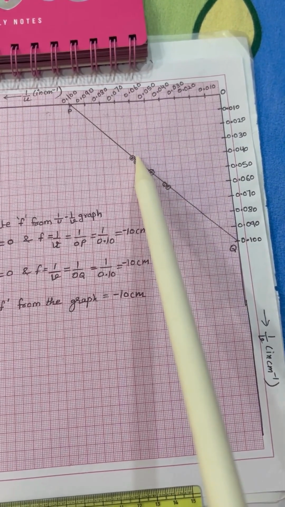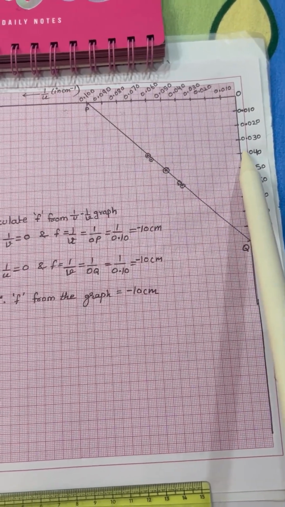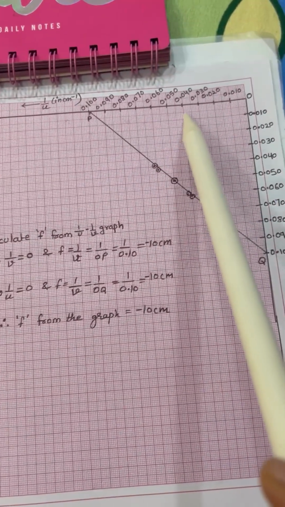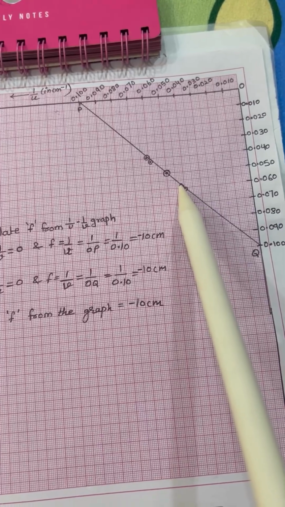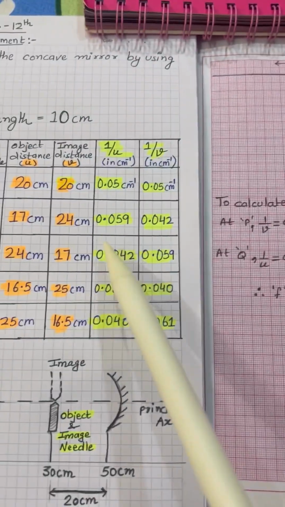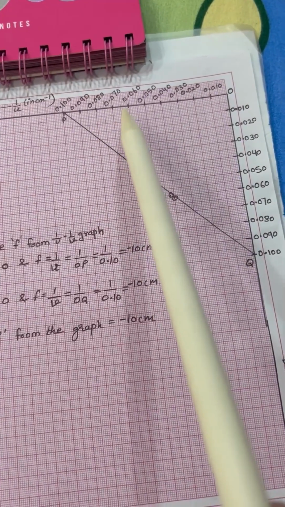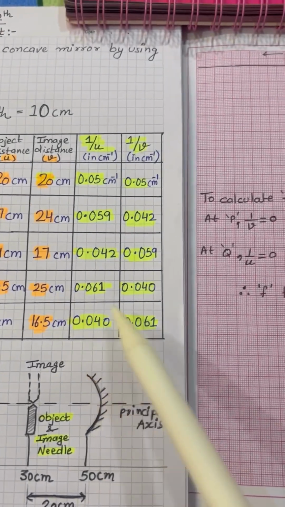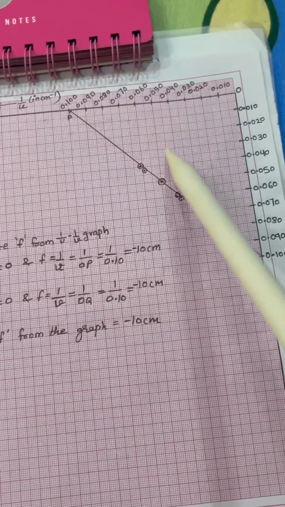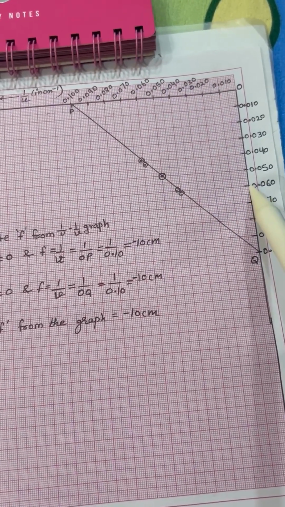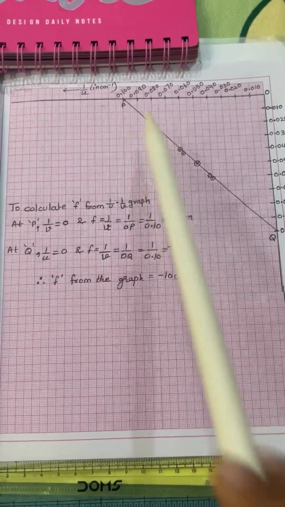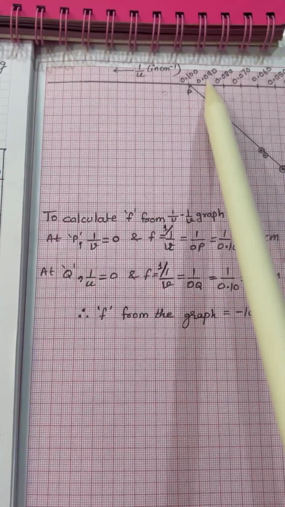So the focal length will be 1 upon the distance OP or the distance OQ. First, all the readings are plotted in the graph, and we will obtain the straight line as shown. And then with the help of points P and Q, we can calculate the focal length as shown here. The focal length is coming out to be again 10 centimeter from this graph as well.